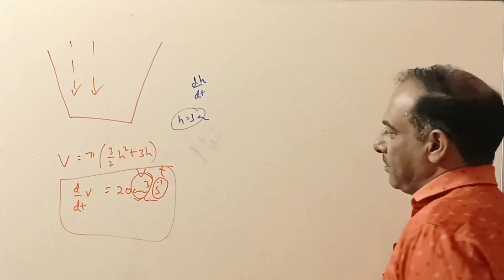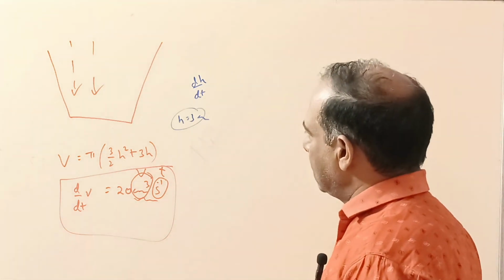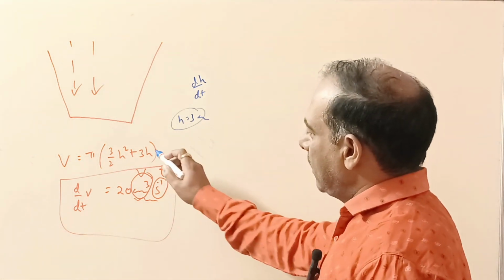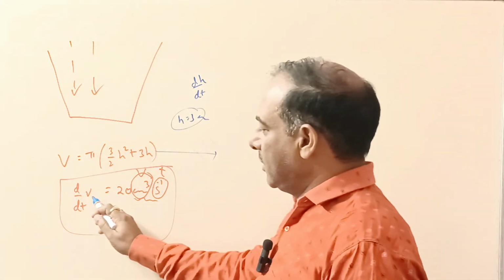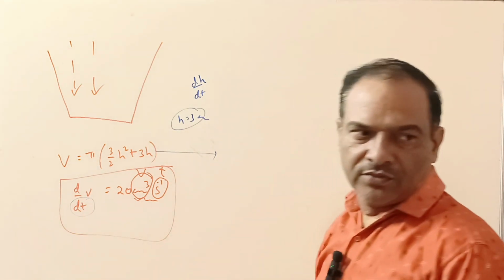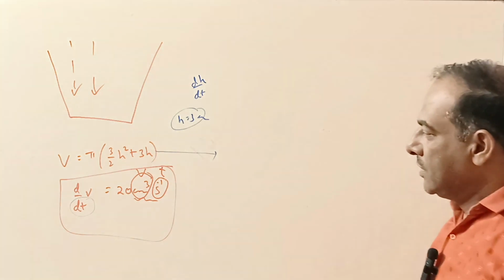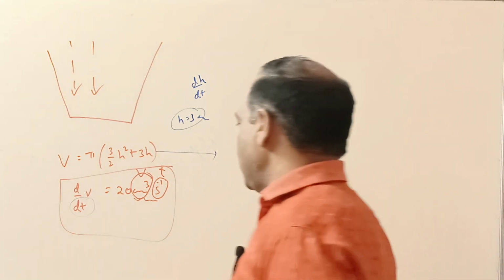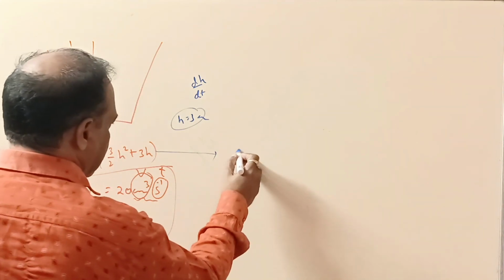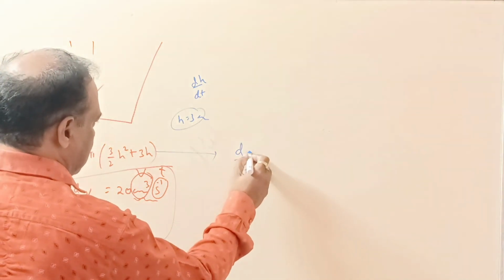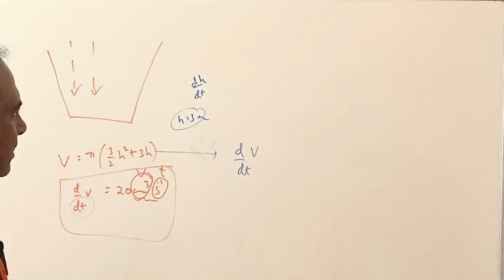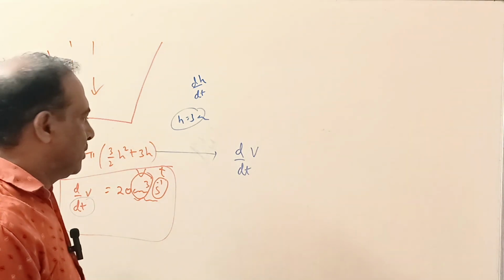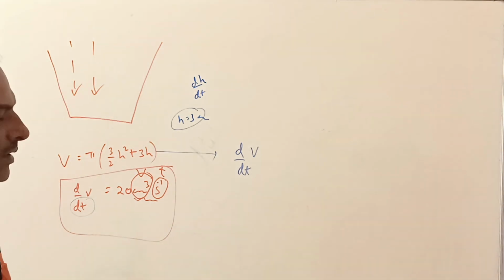Now the main thing is, we have a volume, and we are given dV by dt. The main question here is we have dV by dt, and if we differentiate the volume with respect to time, then h will become constant and it will lead us to 0.